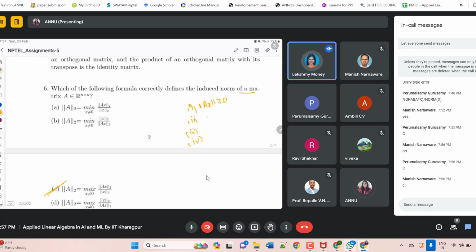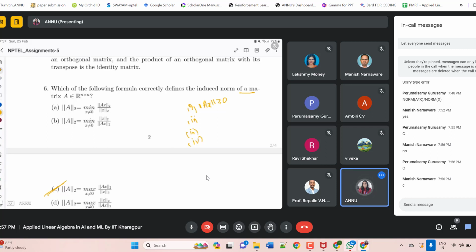Is induced norm the same as max magnitude? No, it's not the same. But in some possible cases it is.